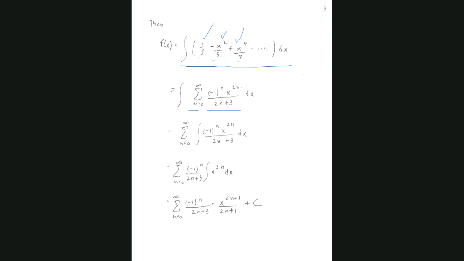And then negative 1 to the nth gave me the positive, negative part of the series. And then 2n plus 3: I start at 3, and then I go 3, 5, 7, so 2n plus 3 worked.